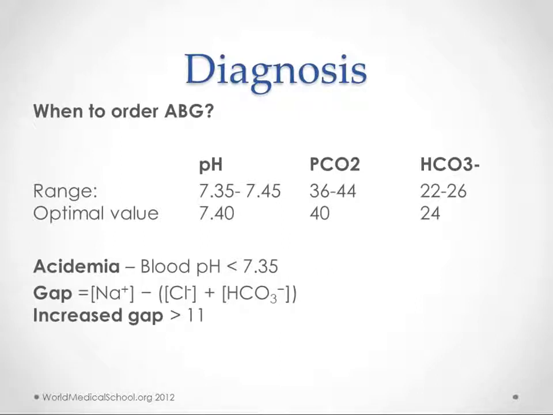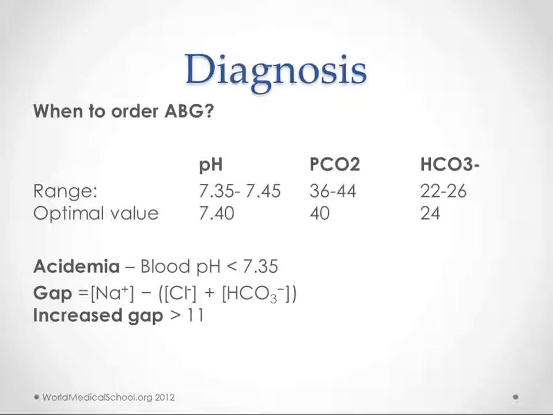So when do you order the ABG, the arterial blood gas, which is one of the most important measurements in diagnosing acidosis? Well, if you have any of these symptoms, then you might want to order it if you don't know what's causing it, or if you have reason to believe that one of the causes that we're going to talk about in a minute is part of your patient's presentation.